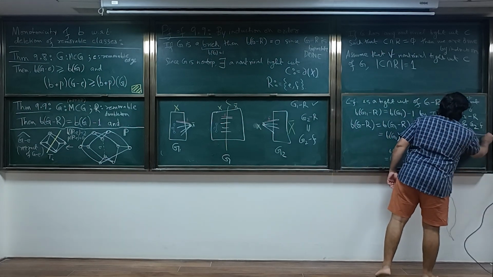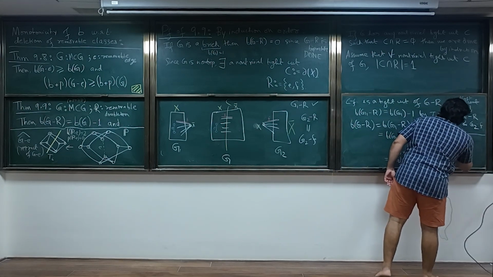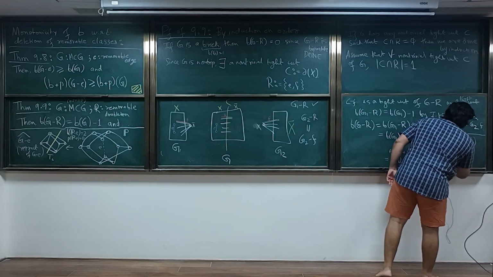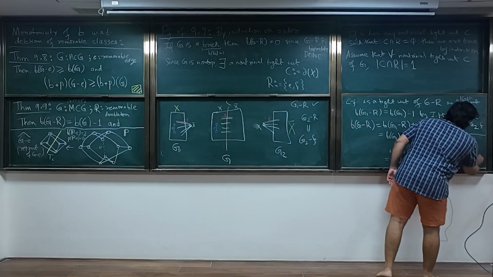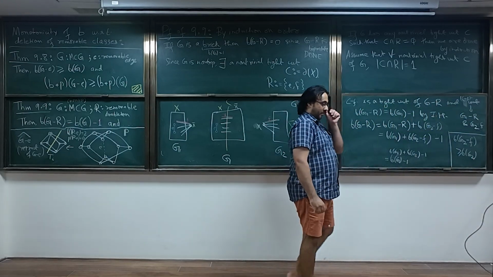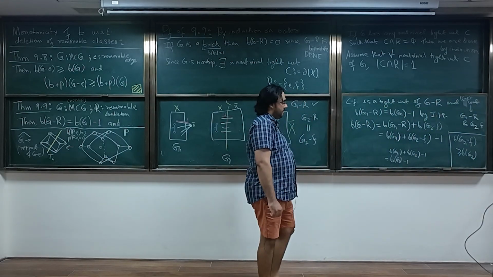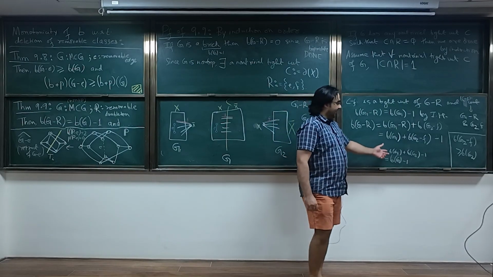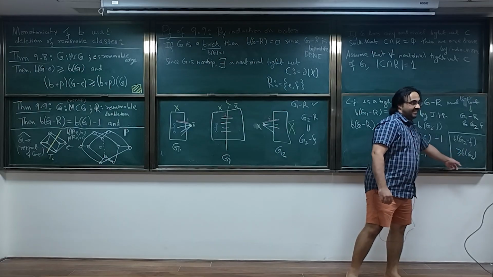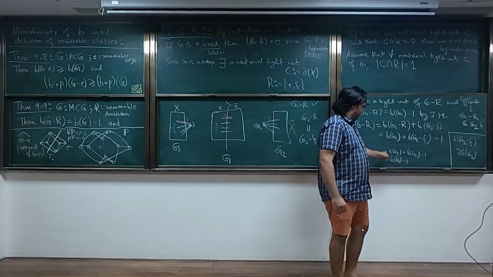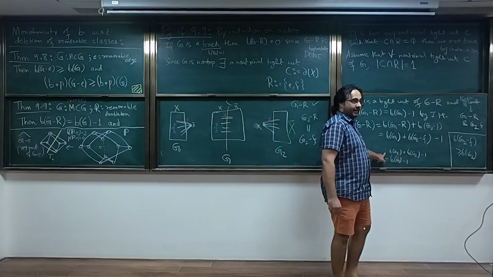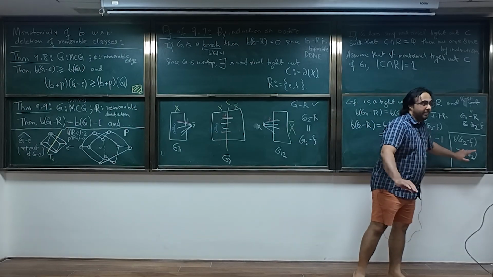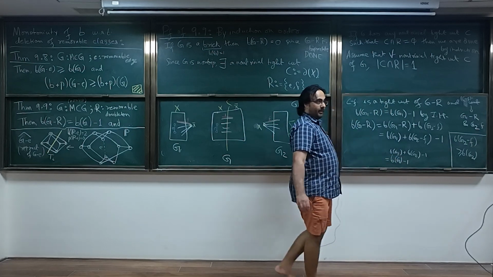We know by our earlier result that B of G2 minus F is at least B of G2. Right? But that won't help us. At least will not help us to actually put equality here. What I want is an equality here. So, but if this were an equality, then we'll be done. You all agree?